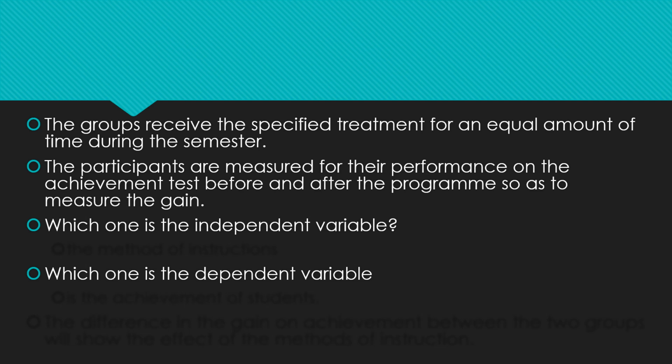The participants are measured for their performance on the achievement test before and after the program, so as to measure the gain. So each group receives a specified treatment, and then they are tested to see which one will have higher performance. In this case, which one is the independent variable and which one is the dependent variable?